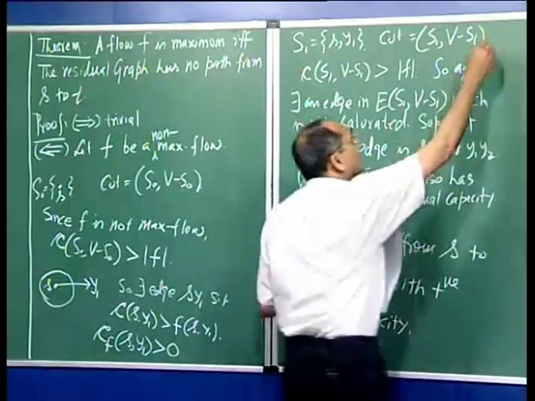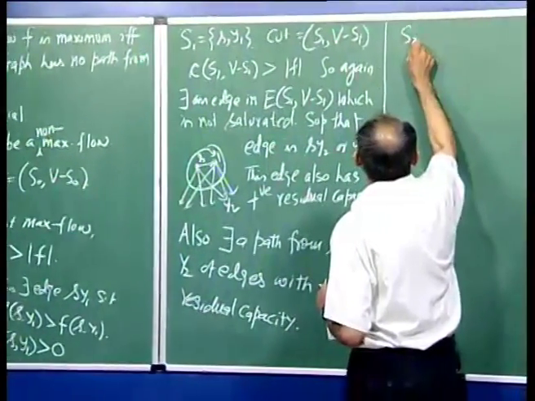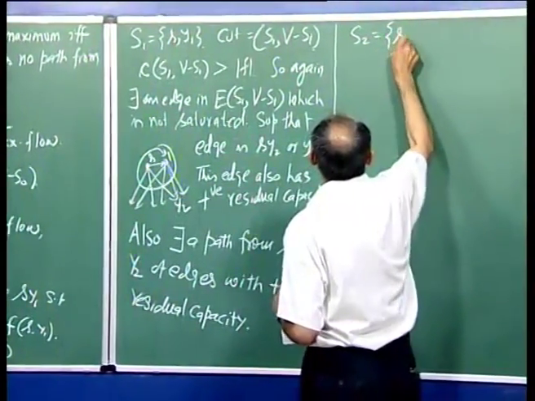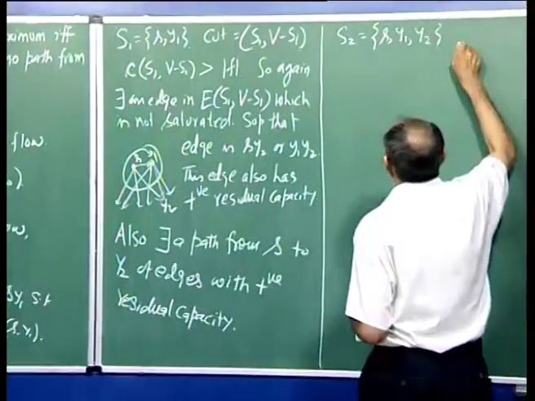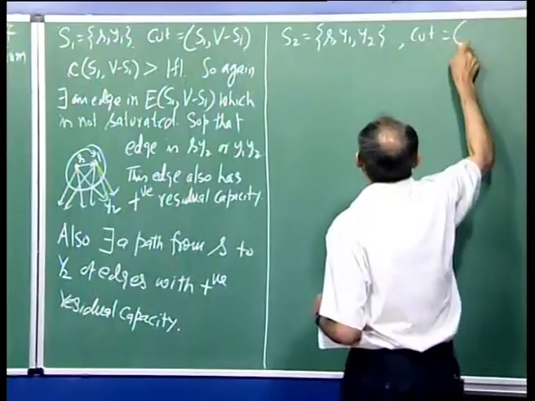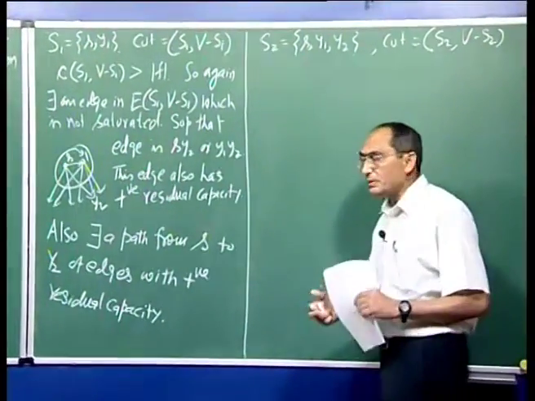Now once again we proceed in this fashion. Now we take S2 to be S comma Y1 comma Y2 and define a cut to be (S2, V minus S2). Now what has happened?